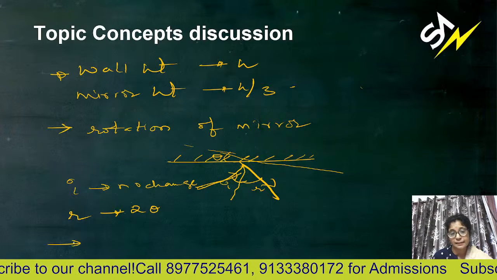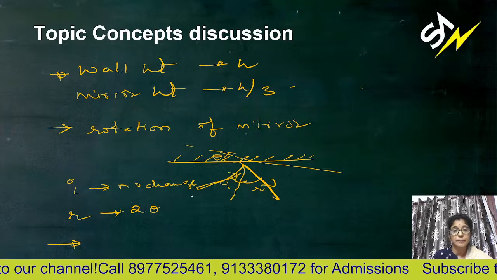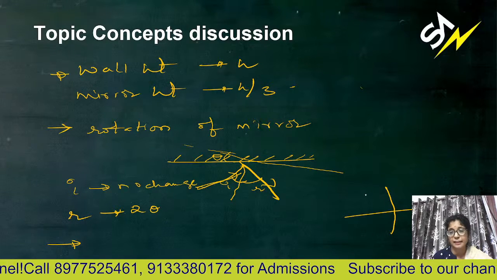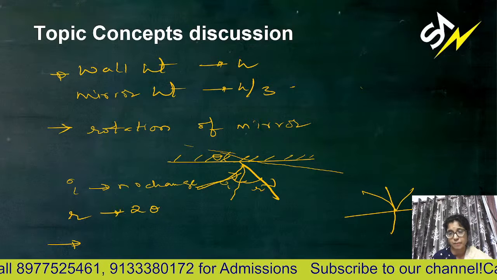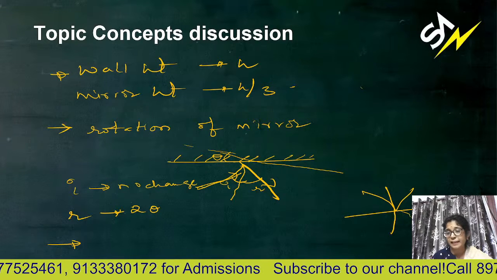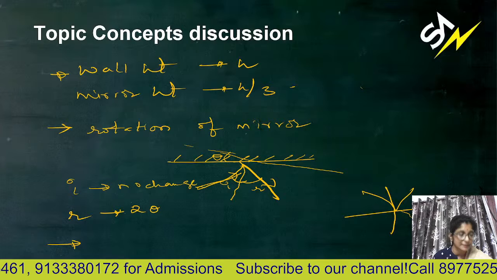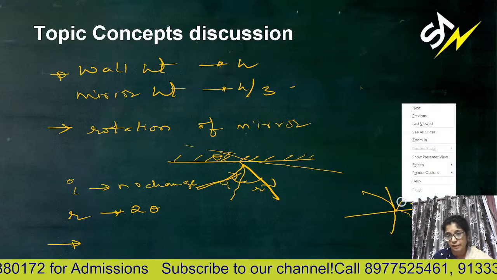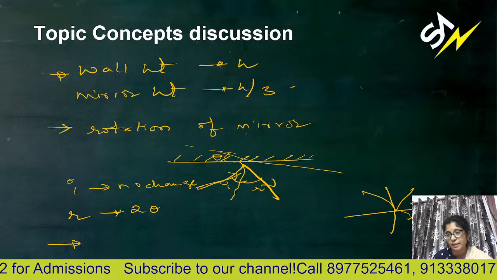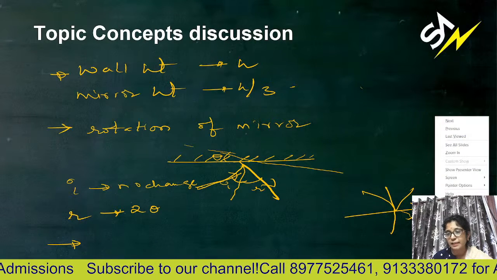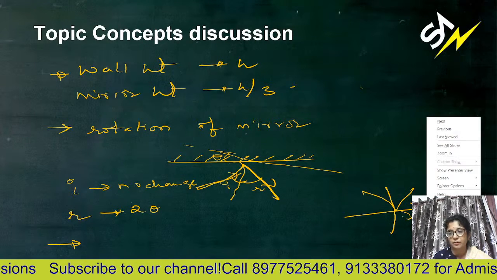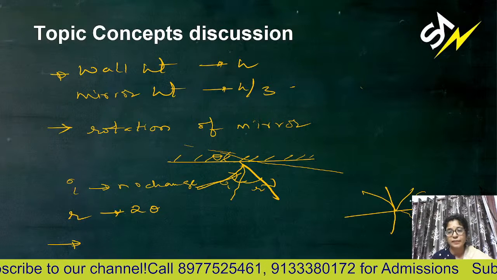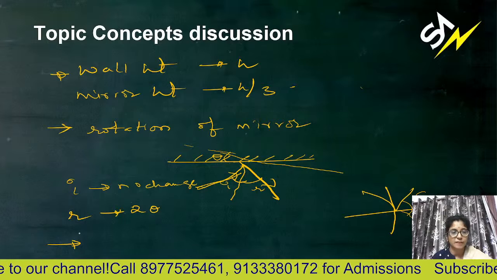And the second thing is, in the previous case we have seen a light ray which is actually reflected back. But instead of reflecting, the light ray should go straight, right? Instead of going straight, it is reflecting back. Then what is this angle actually called? This angle is called the angle of deviation.